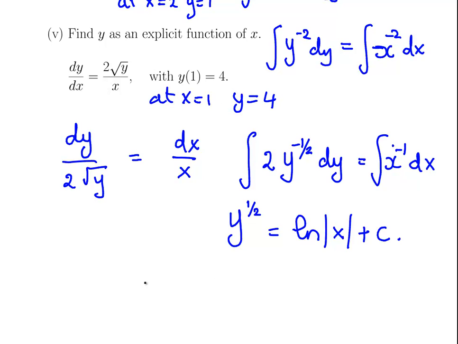Okay, and so therefore, square root of 4 is 2, and that's equal to the natural log of 1 plus c. Okay, the natural log of 1, a bit of calculator work, let's just check.